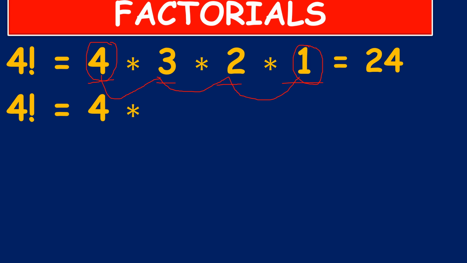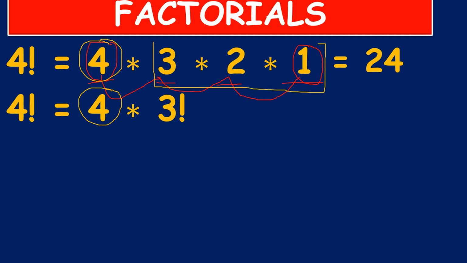Now we know that we can also express 4 factorial as 4 times 3 factorial. So what we have here, we have this 4, and then we also bring it down here, which is also the same as 4. And then the whole of this expression, 3 times 2 times 1, is the same as 3 factorial.